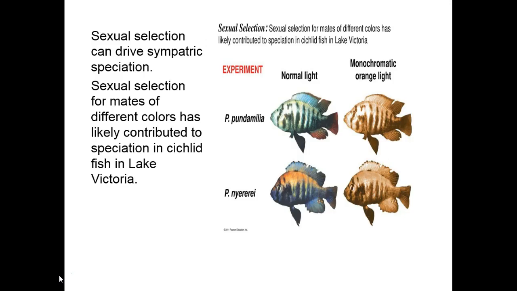Sexual selection can also drive sympatric speciation. What you have are these cichlid fish in Lake Victoria that tend to mate based on color, but in a science experiment, the female fish were put in an environment with monochromatic, orange light, so the color wasn't distinguishable.